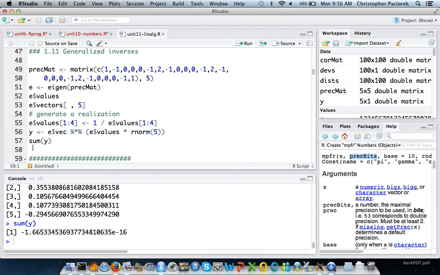So another way of looking at what I've done here, and that goes back to this here, is I've generated values that have a constraint in there. And the constraint in this case is that the sum of the y's is 0. There's no contribution from a constant in this vector y, or in any other y's that I could generate in this way.